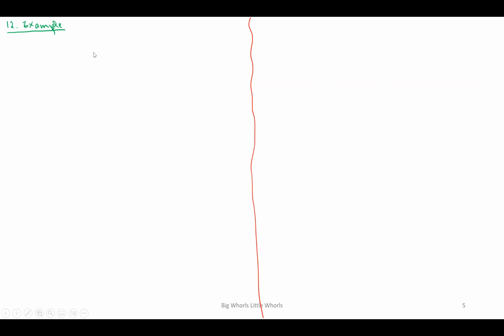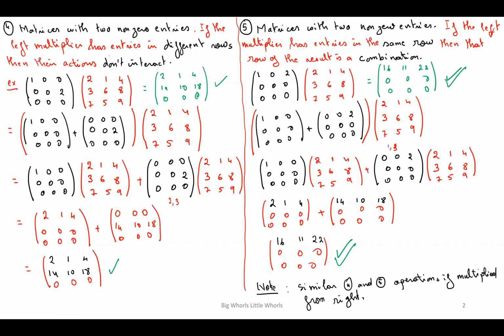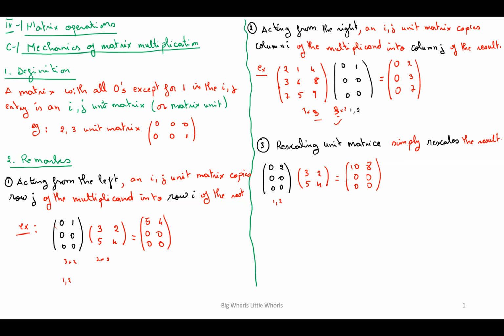And before I start the tutorial, if you remember from the previous video, from the lecture, we have discussed, I'm just going to go through the main thing, okay? We have seen the unit matrix.